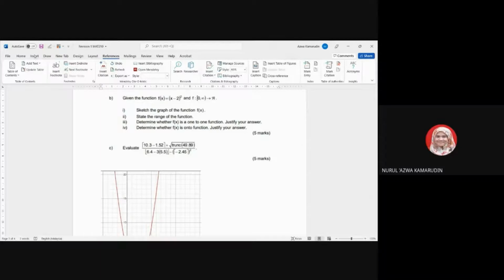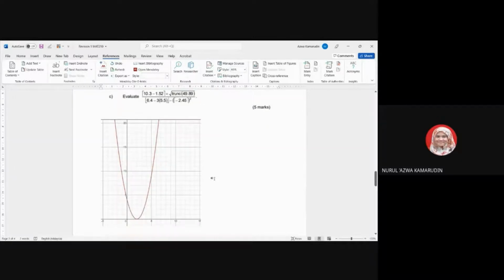Codomain is all real number. Okay, sketch the graph. Okay, kalau you sketch the graph, what we expect is that dia punya bentuk dia must be parabola. Okay, and then at least you know where is the minimum point and where is the cutting point of any x-intercept or y-intercept.